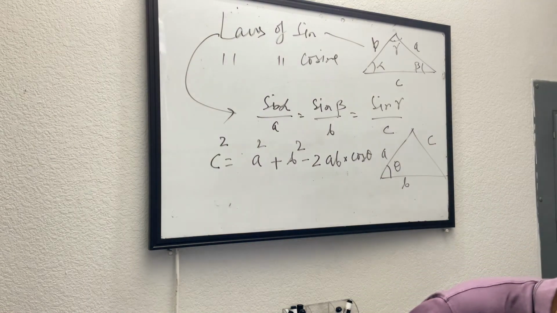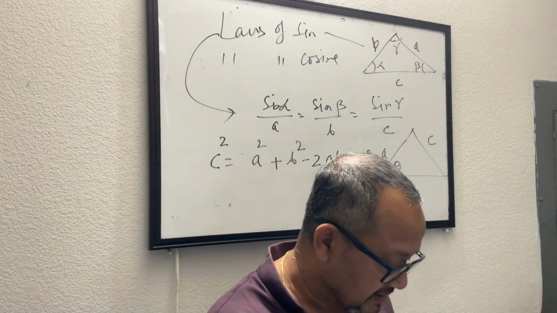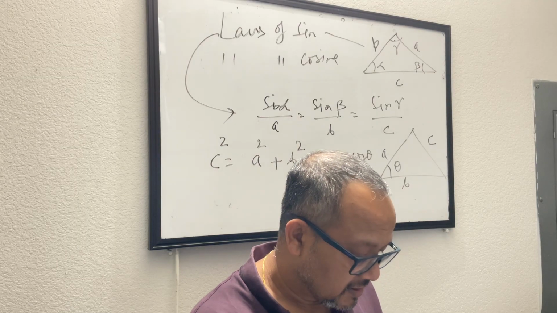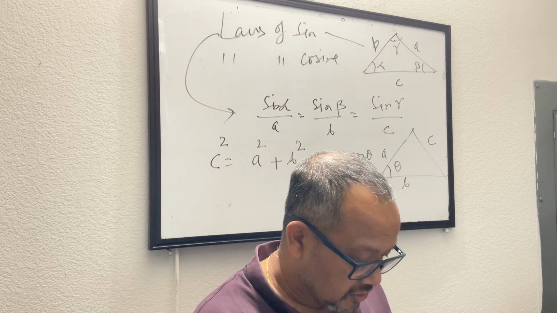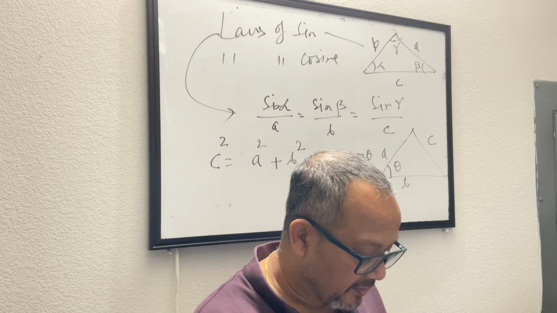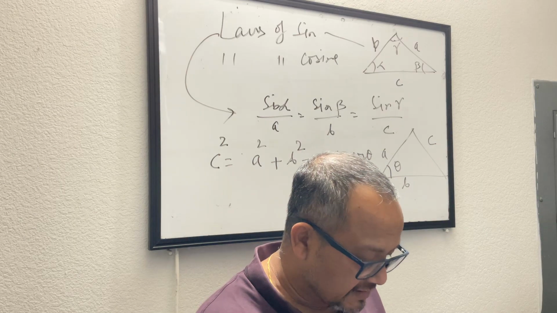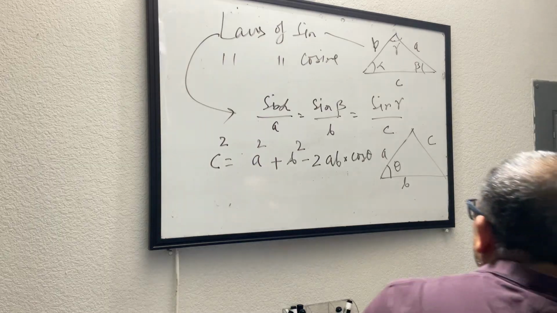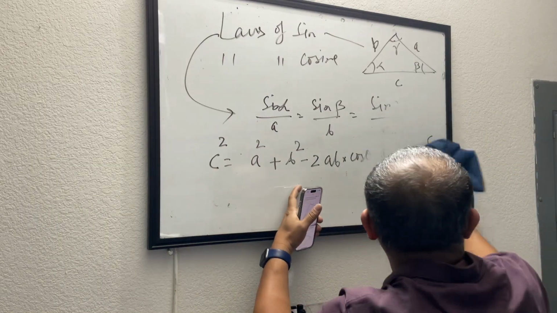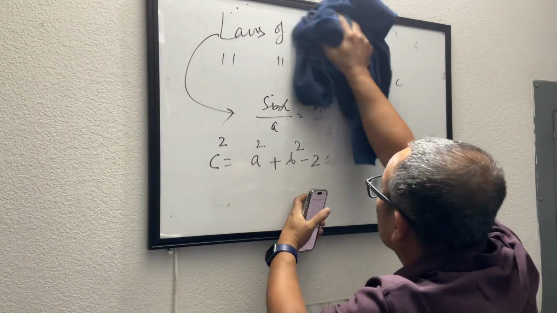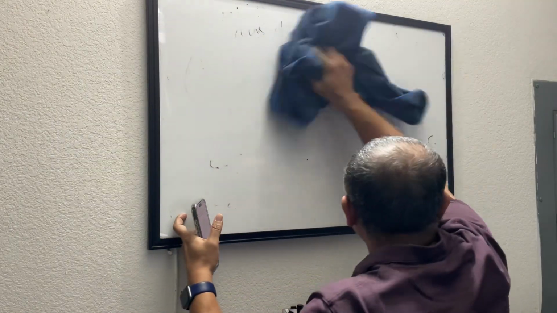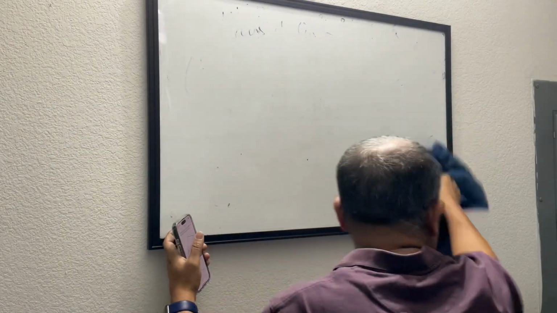Okay? So now let me show you guys. Let's pick up a few problems and see how we can apply them. Are you guys ready? I have put 4-5 problems here.